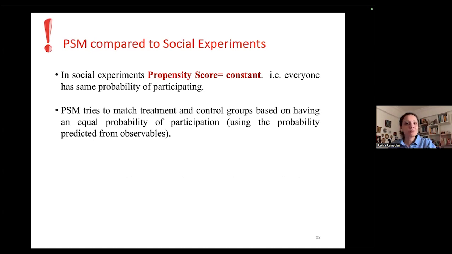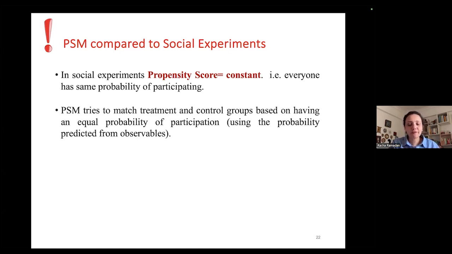But because we are in a context where we are not in a social experiment, or there is no randomization to control for this, PSM is trying to mimic this situation by saying, okay, let's see, based on your characteristics, who are the ones that were more likely to be selected and who are not likely to be selected. And in fact, as we see in the examples, it is possible that based on the observable characteristics that you choose, you have a very high probability of being selected, but you were not selected.